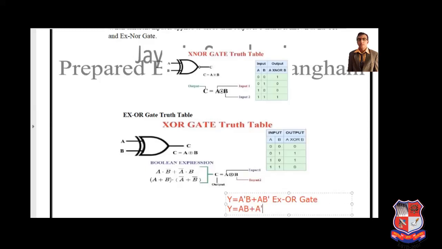is the equation of XNOR gate. What is the difference between XOR and XNOR? If both inputs are the same, then output is 0, then it is known as XOR gate.